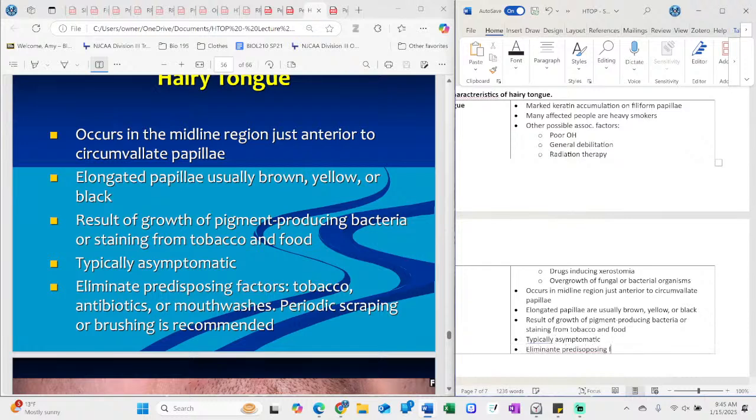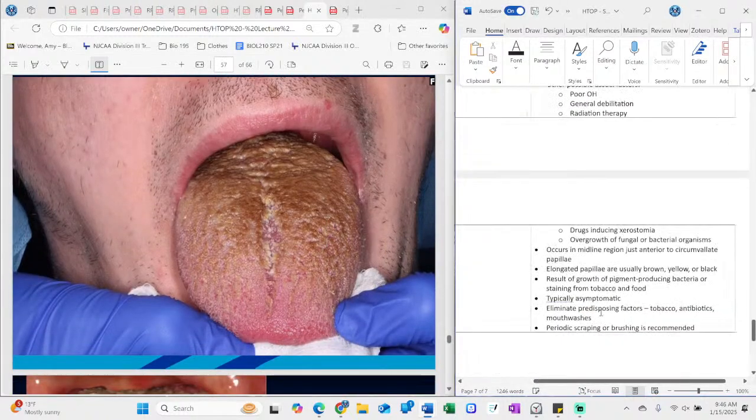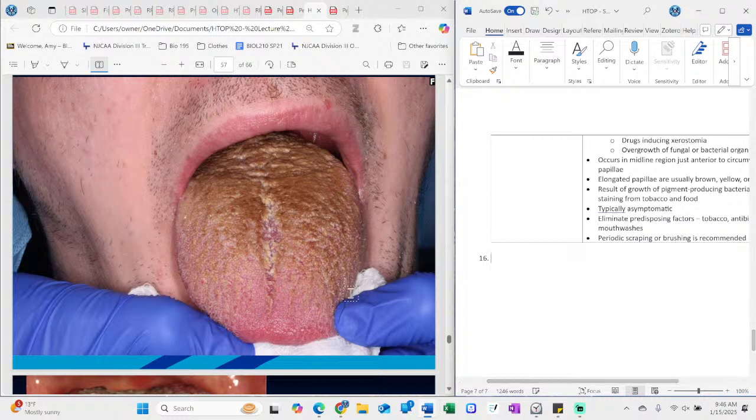Typically, these patients do not have any problems, but some of them may complain of foul breath, or for aesthetic reasons, they may come to you for treatment of this hairy tongue. That's another example. It may look more yellowish, brownish because of the accumulation of pigment producing bacteria or pigment coming from the foods or drinks.